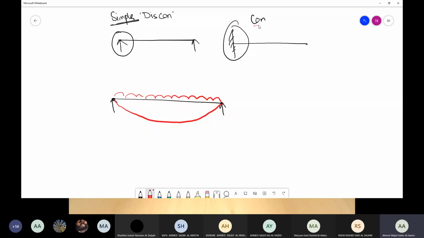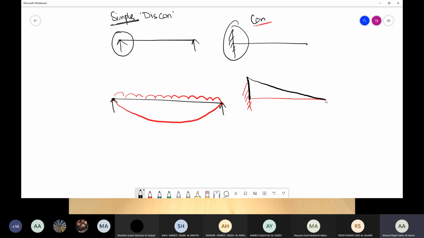Now, continuous is representing either by a fixed or by a support which is continuous from both sides. Okay. Now, if you see, if I have done this type of element for you, you will see your bending moment will go up. Okay. You will see that your bending moment will go up, and then it will lead to go to 0.